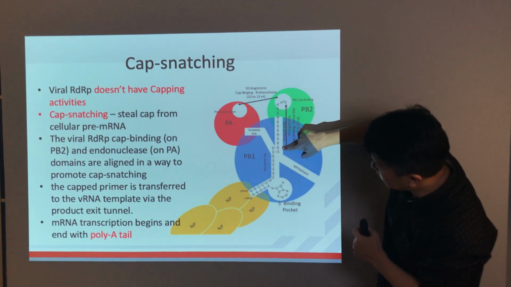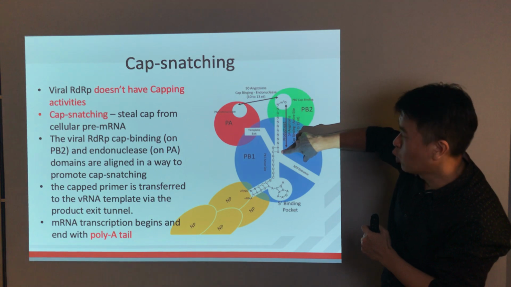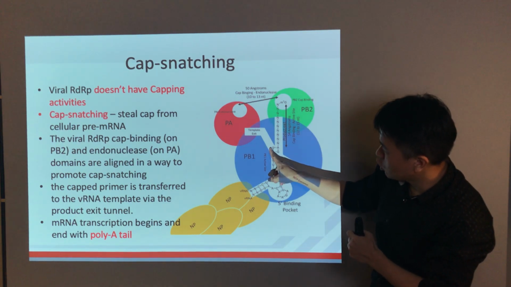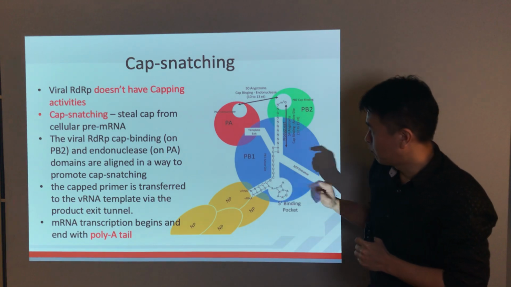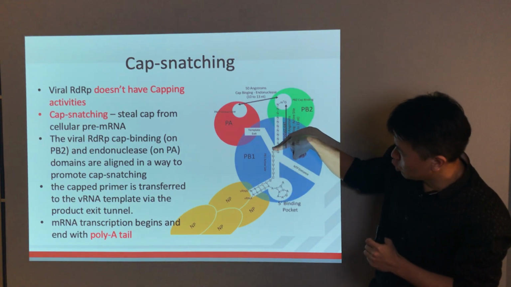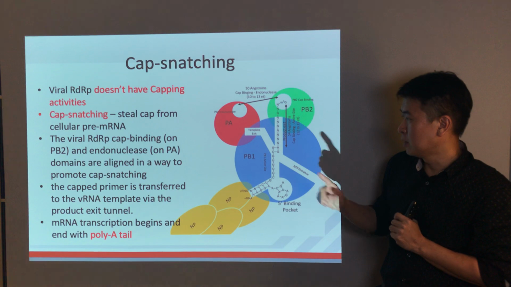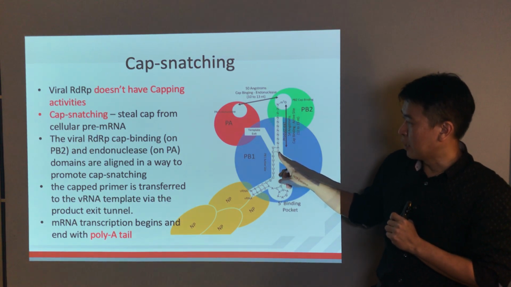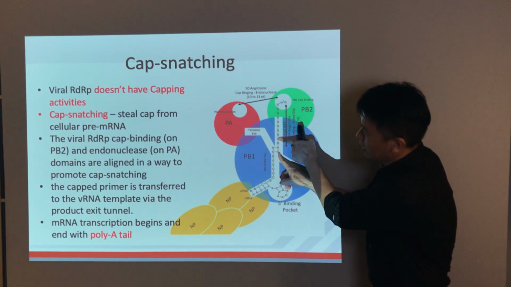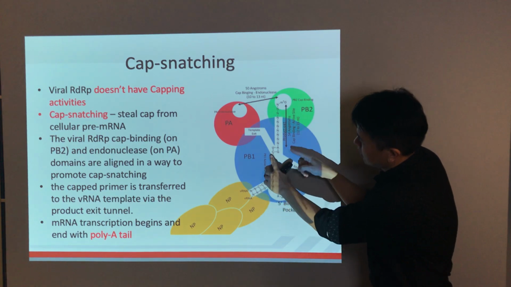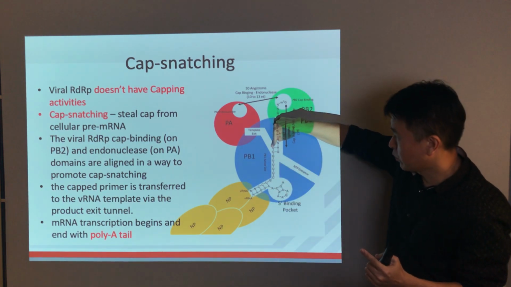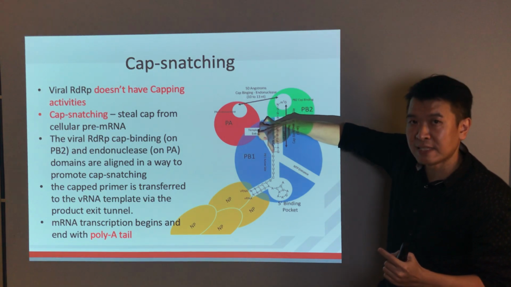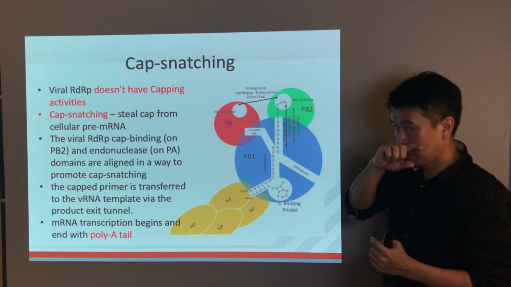And now what we see here is the A and G will complement with the U and C of the viral genome. So now we have 2 complements: A and G from the host mRNA, and this is the 3' end of the viral genome, where it has U and C nucleotides.